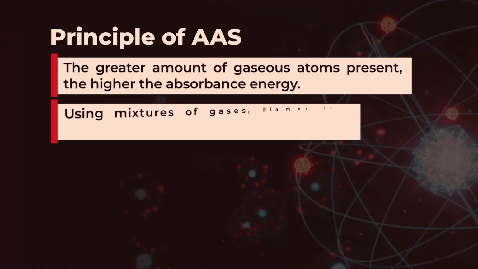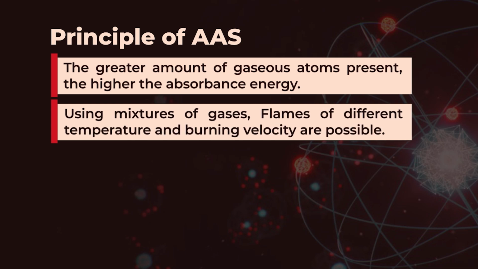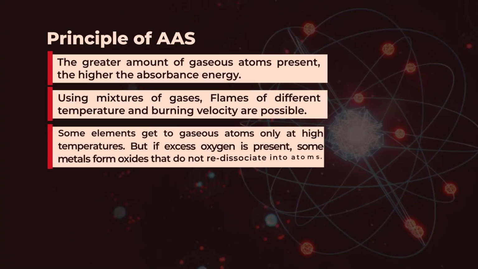So, using a mixture of gases, we can change the temperature. Say, for example, the general temperature of the flame is about 2700 degrees centigrade, but by changing the gases, we can increase it, okay? Some elements get to gaseous atoms only at high temperatures. But to reach that temperature, suppose we use oxygen, then some metals may get oxidized to oxides.